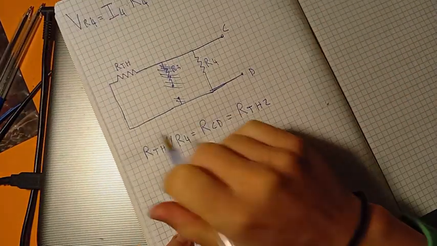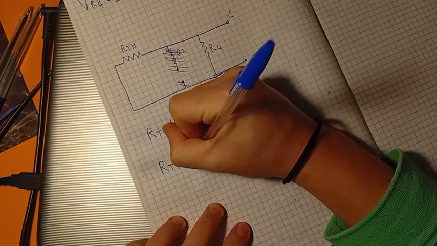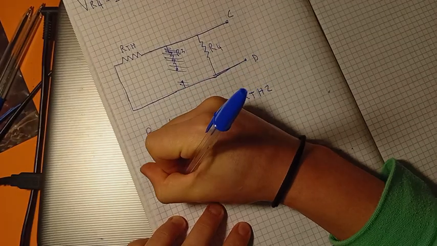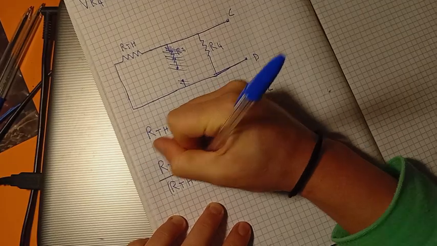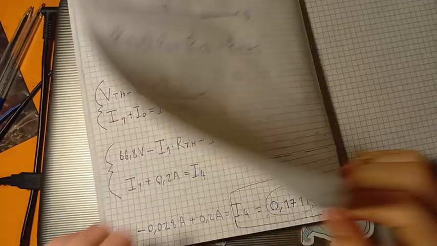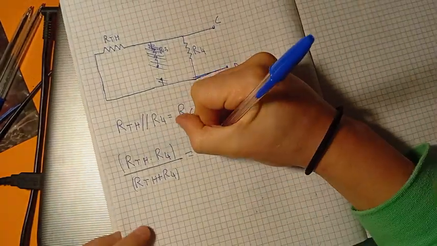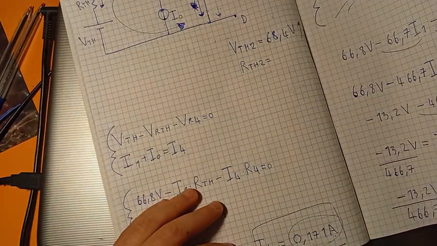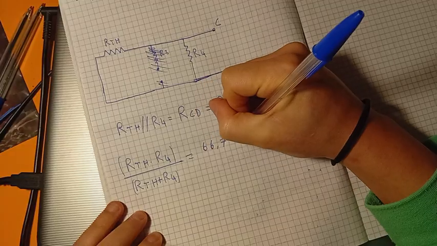So let's just do this: RTH multiplied by R4 divided by RTH plus R4. How much is RTH? I don't remember, how much is it? It's 66.7.